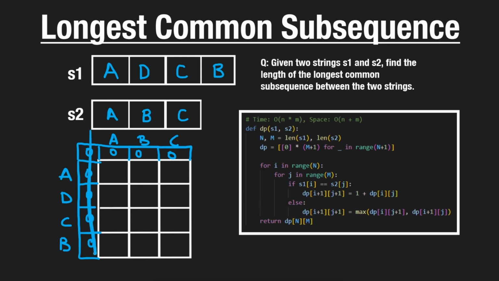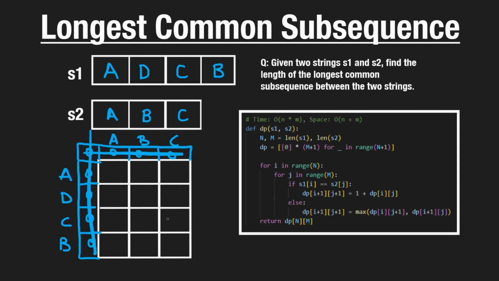If we didn't have these extra rows and extra columns, this is the general idea of how the algorithm would work. For this position, for example, we are comparing these two characters, these two C's with each other. They are equal to each other. And what we would want to put in this position is the LCS between these two strings. So we're comparing these characters first, so we see that they are equal.